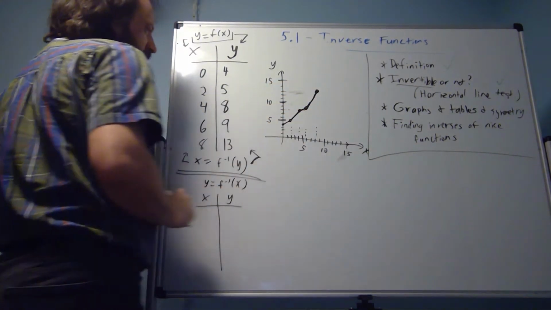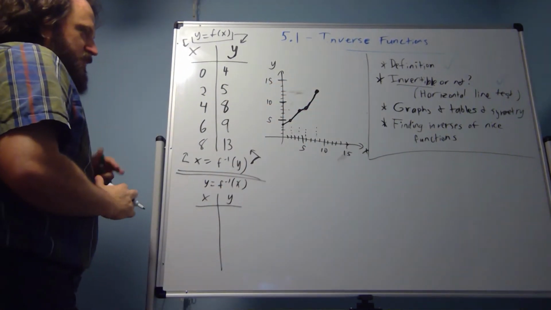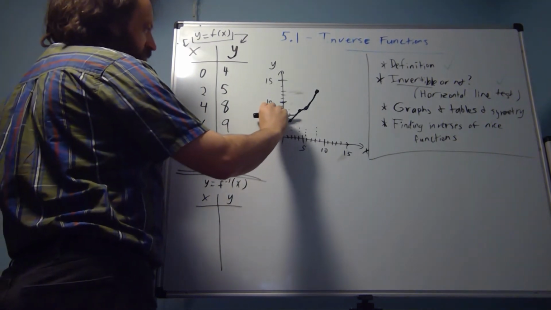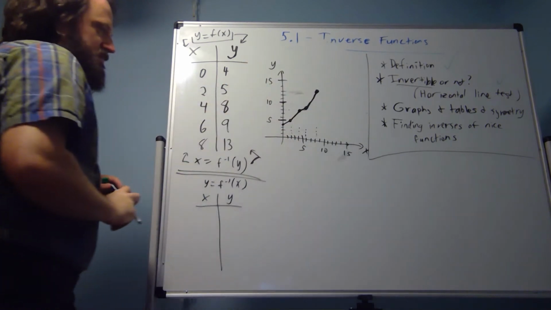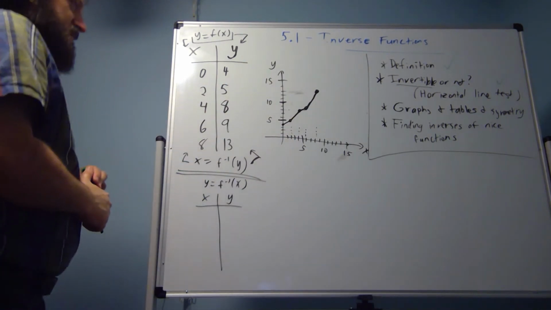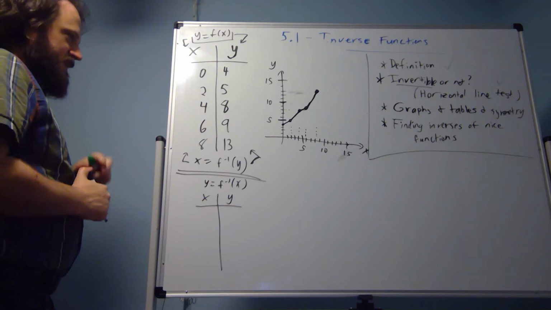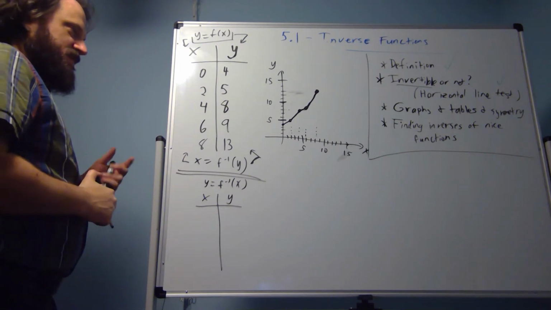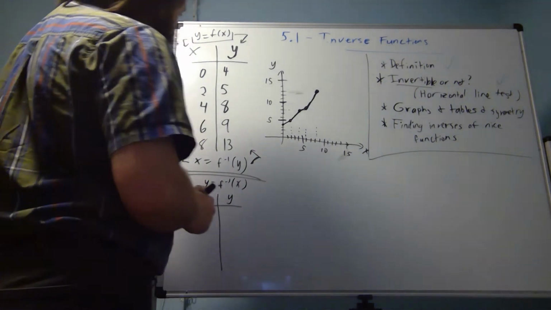You can see that for every output, you either never get that output or you get that output exactly once. So you always know which x gives you which y. So inverting this is no problem. It's just a whole bunch of diagonal lines and little line segments.